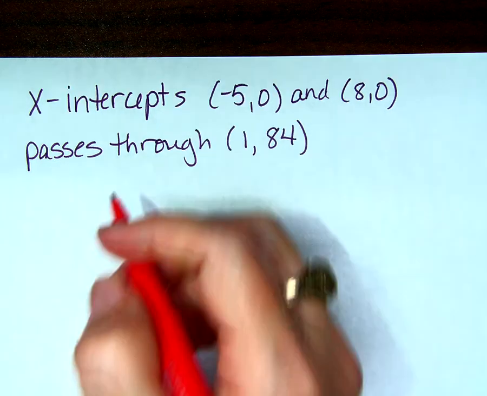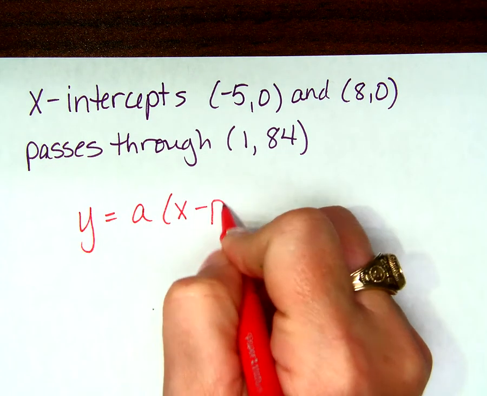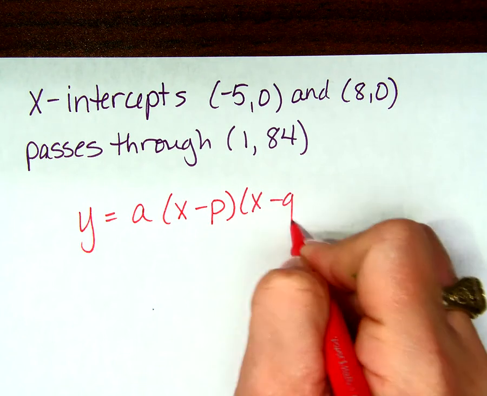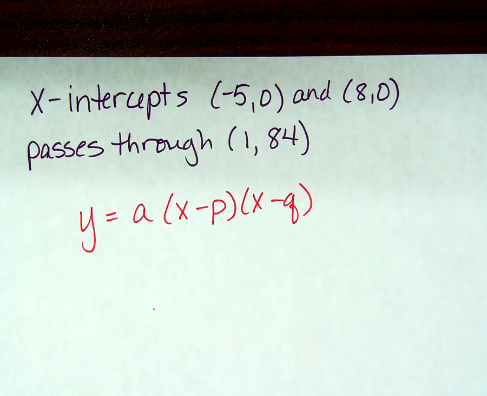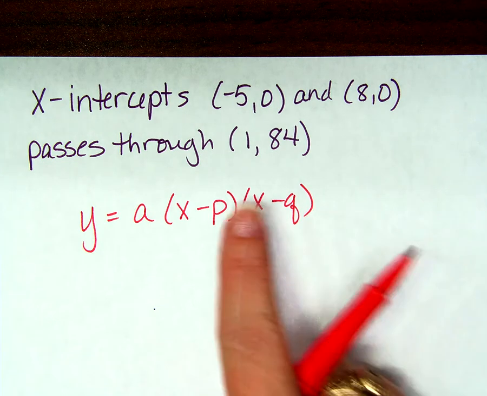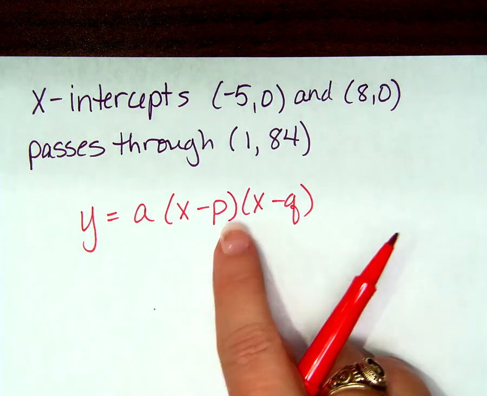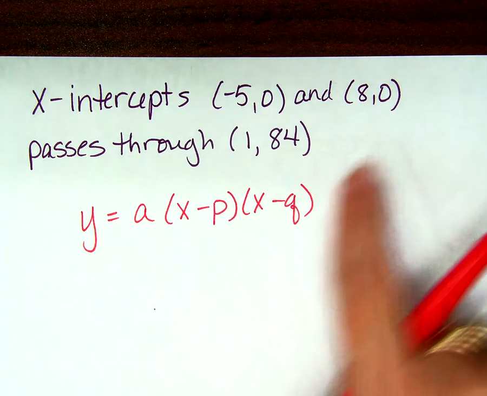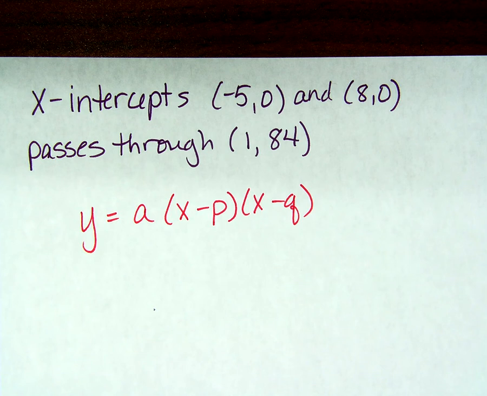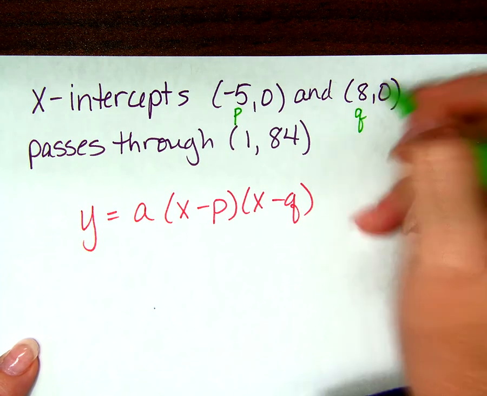Well, there is, and it looks like this. This is an equation that you would use when you know the intercepts are p and q. If you know the intercepts are p and q, this is enough information to be able to write the equation of the quadratic. Here's p and here's q.